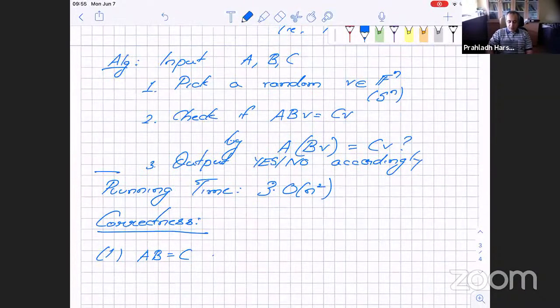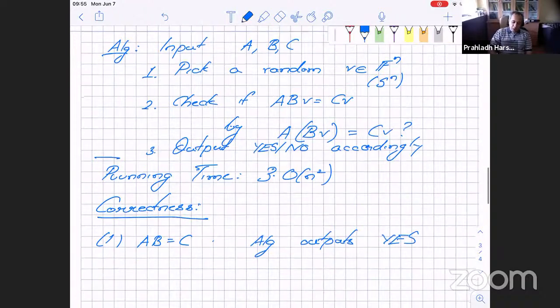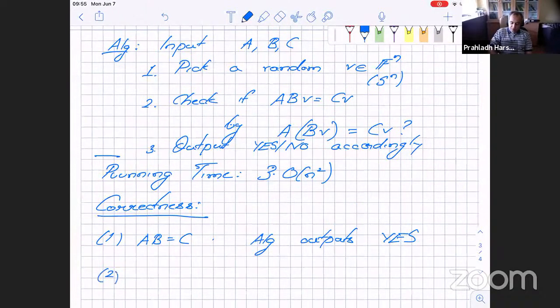Of course the algorithm outputs yes; there's no way it can output otherwise, since it's computing the same matrix on both sides. What if AB is not equal to C? That's one case.